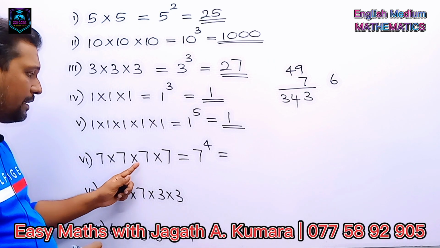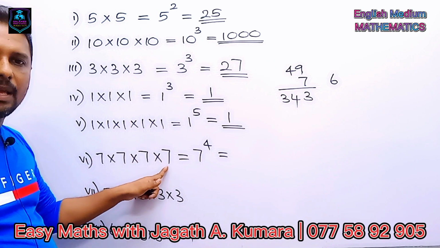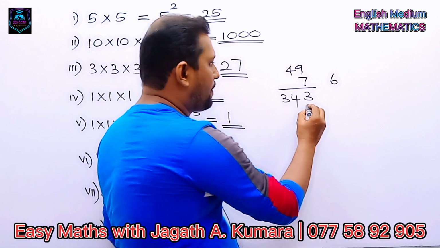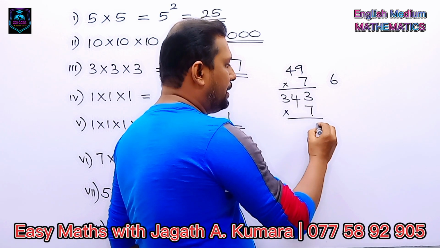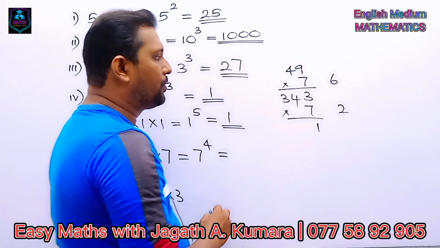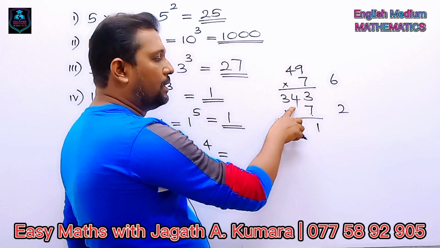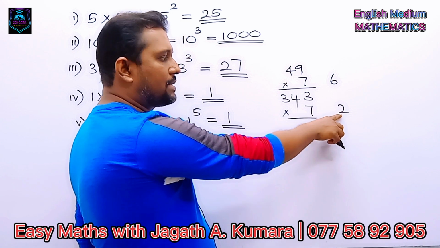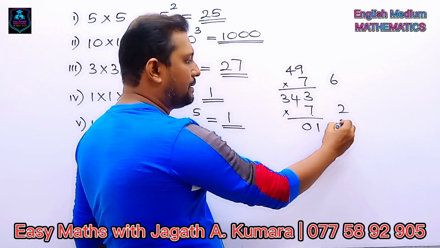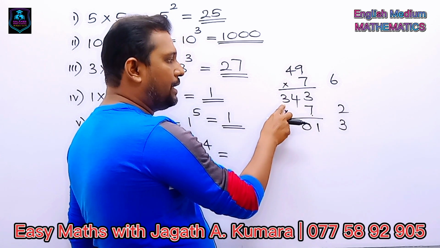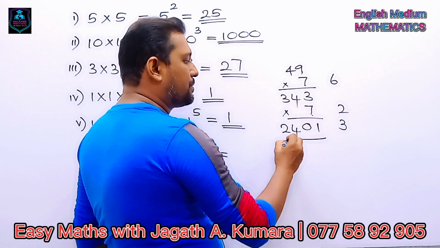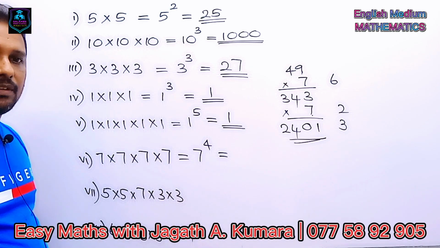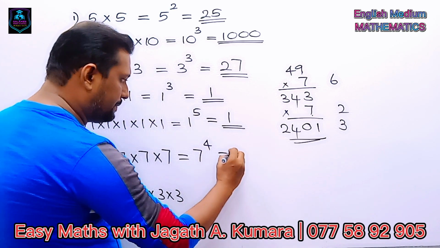Then 343 again you have to multiply by 7. 7 times 3, 21, remaining 2. 7 times 4, 28. 28 plus 2, 30, remaining 3. 7 times 3, 21. 21 plus 3, 24. So the answer is 2401.